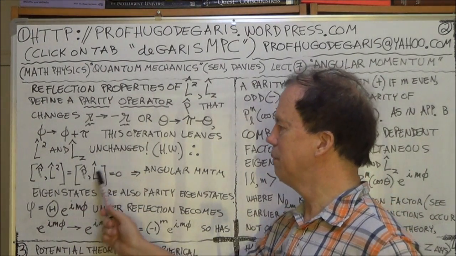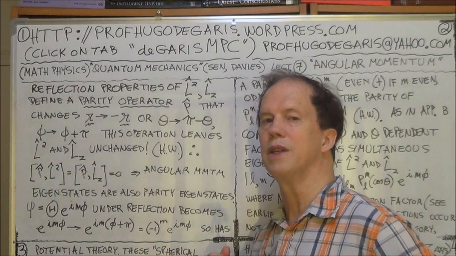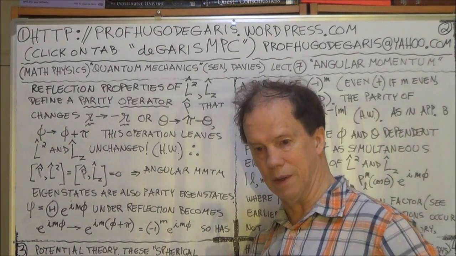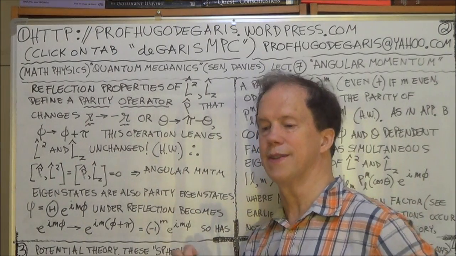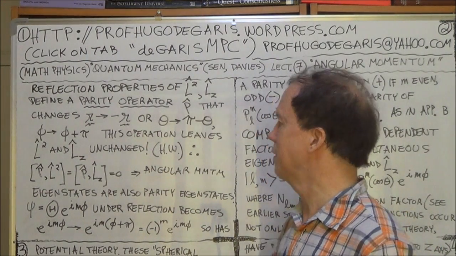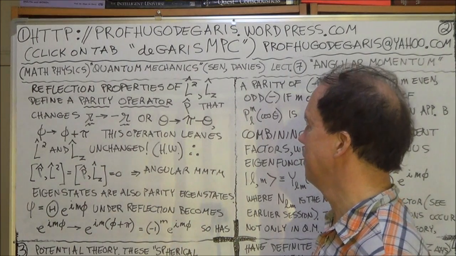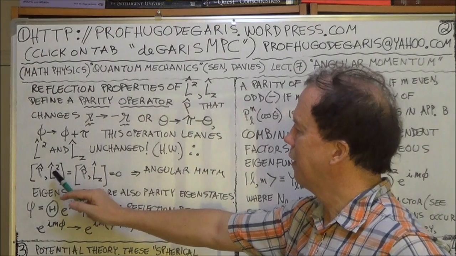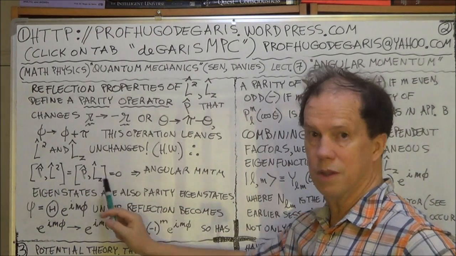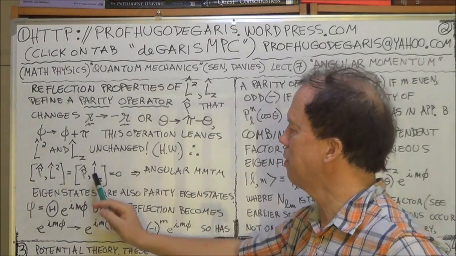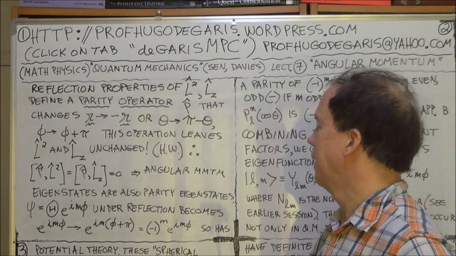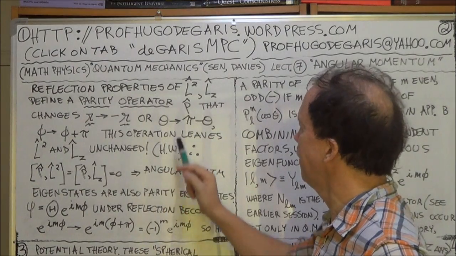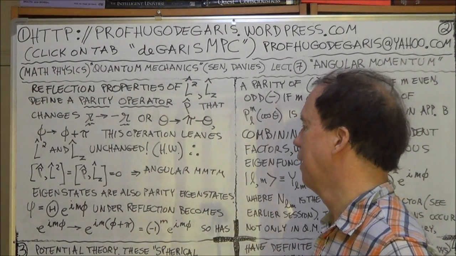Now you know from earlier theory that if two operators commute, those two operators have the same set of eigenfunctions. So the angular momentum eigenstates, the eigenstates of L squared and L_z, which are the same because these two commute, are also the parity operator eigenstates.